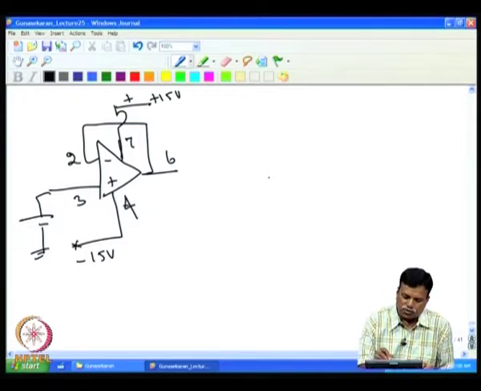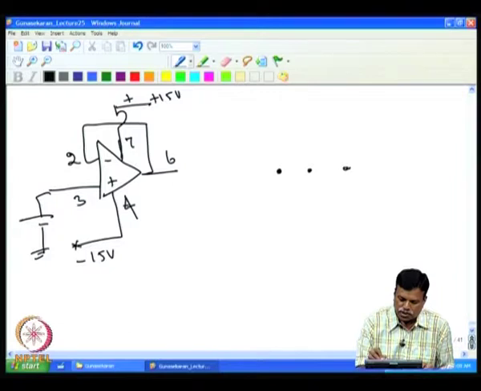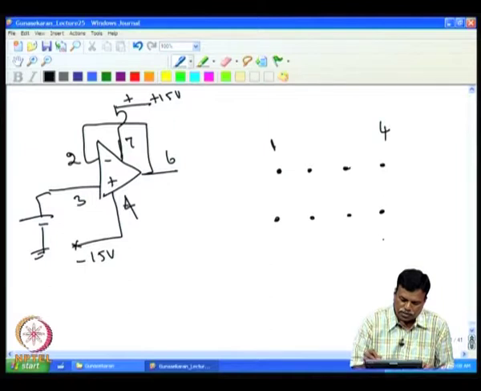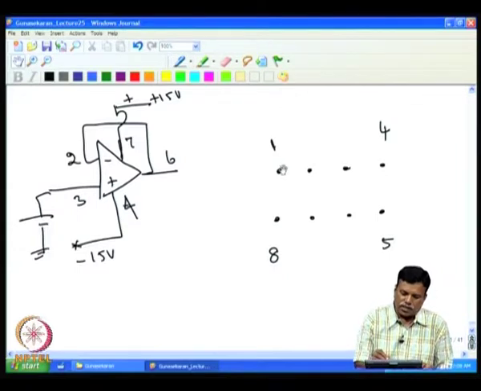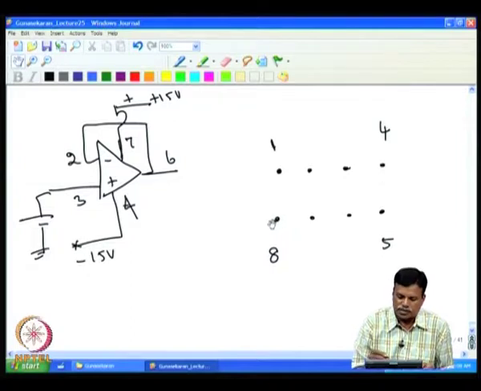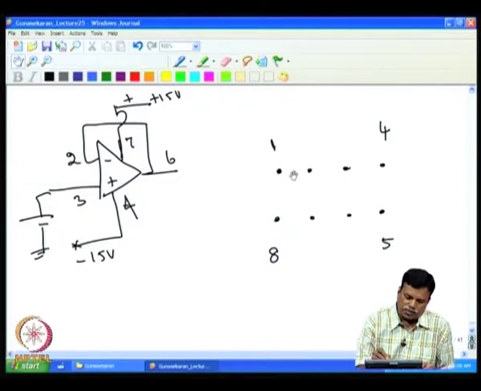Physically they look like this: you have 8 pins, 1, 2, 3, 4, and on the other line 5 to 8. Assume this is pin number 1 and this is 4, and then you have 5 and 8. In the dual inline package, the distance between these two pins is 2.5 mm.